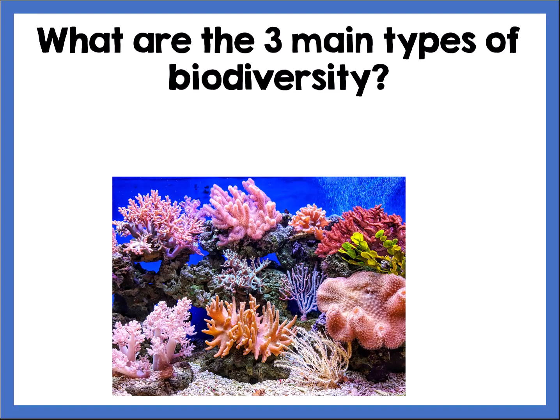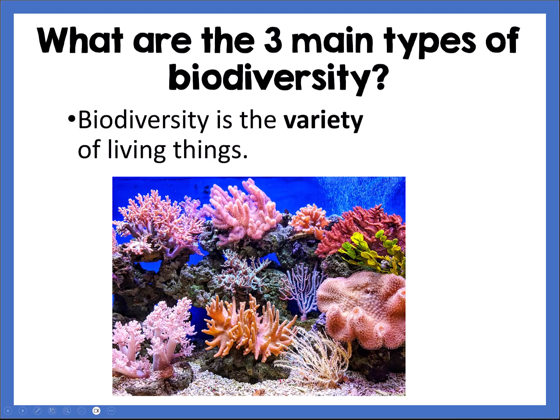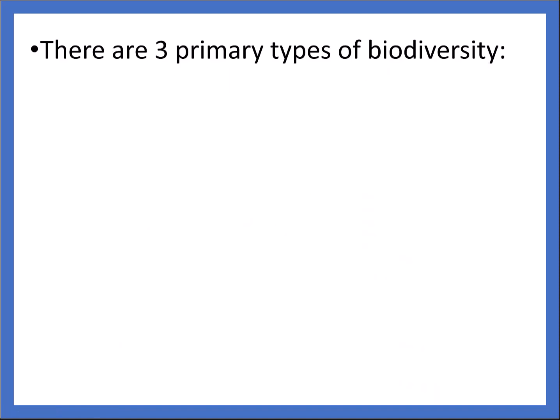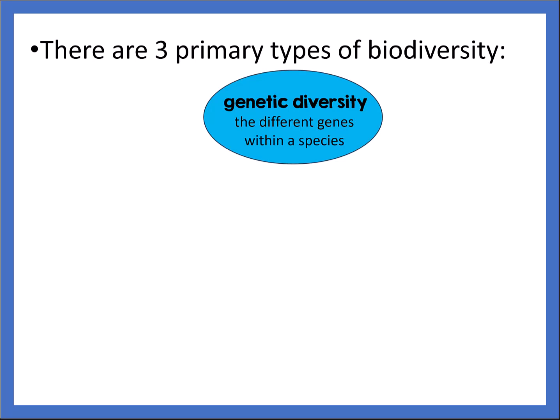Okay, we'll back up again and look at an overview of ecosystems and environments here using a term called biodiversity. Biodiversity is the variety of living things in a particular environment. And there are three main types of biodiversity. Genetic diversity, which is the different genes within a species.